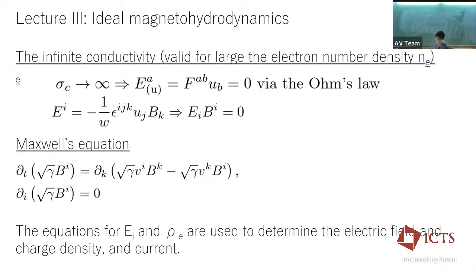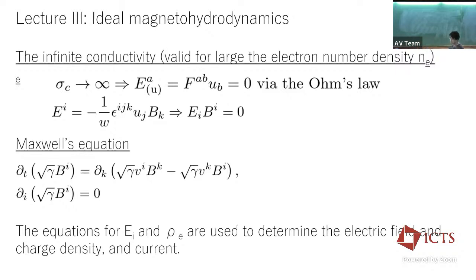And you can reduce this further to a simplified system by assuming infinite conductivity, which is valid for a large electron number density. In astrophysical situations this approximation is relatively reasonable.